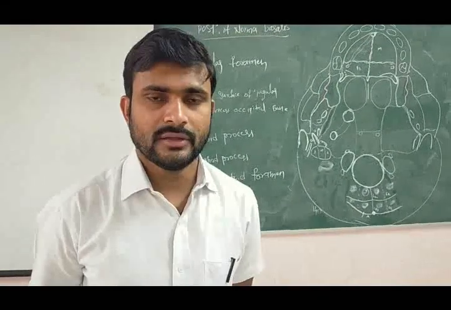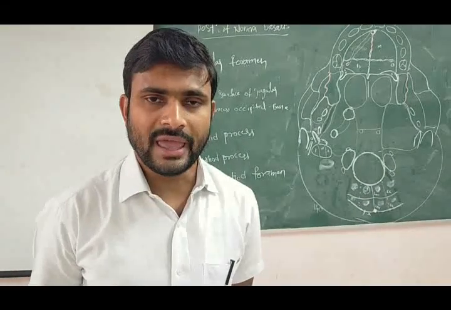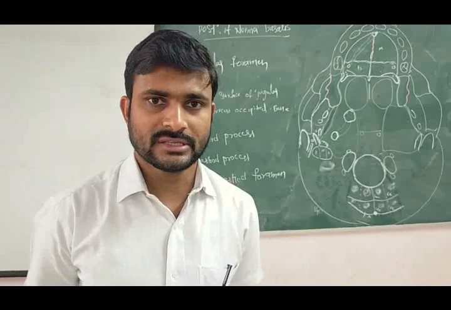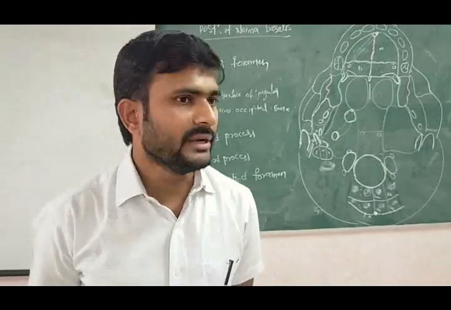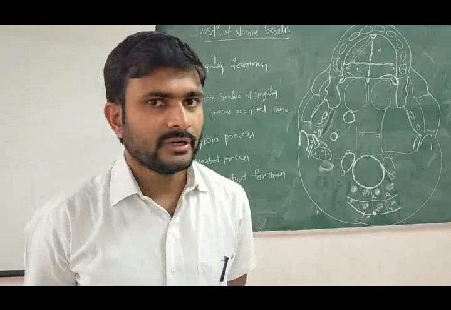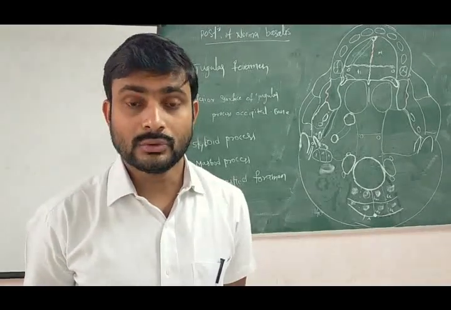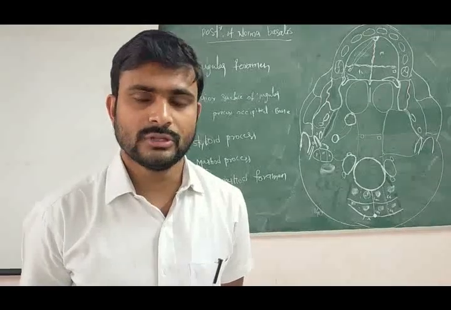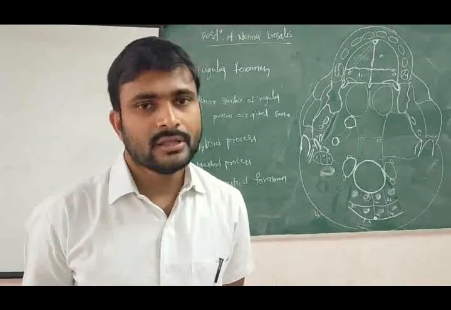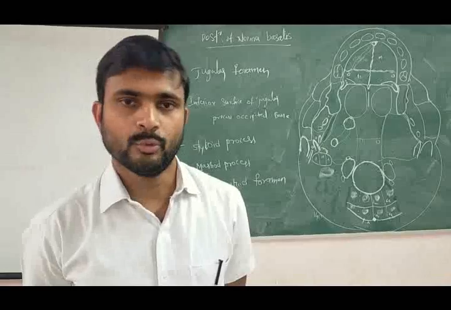Here two movements are there. At the atlanto-axial joint, the first vertebra rotates, which is the no movement. It rotates the face from side to side. And the atlanto-occipital joint moves the occipital bone on the first vertebra, which is the yes movement. This is called the nodding movement.